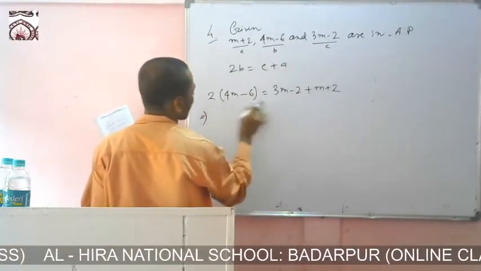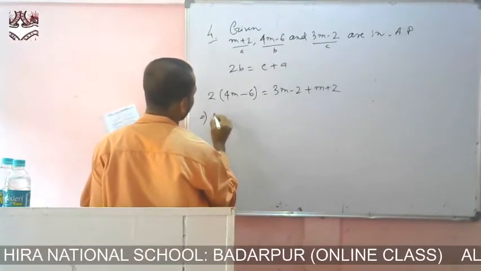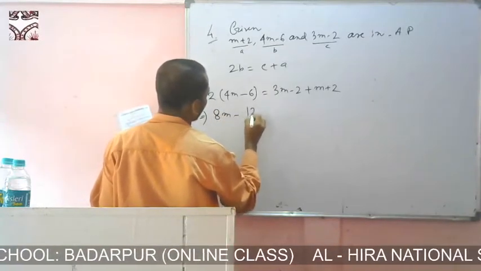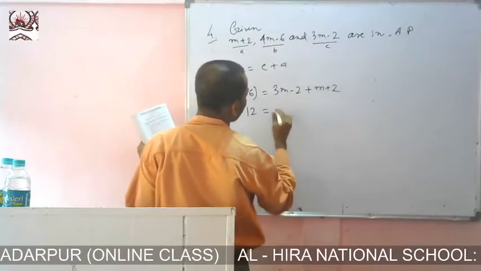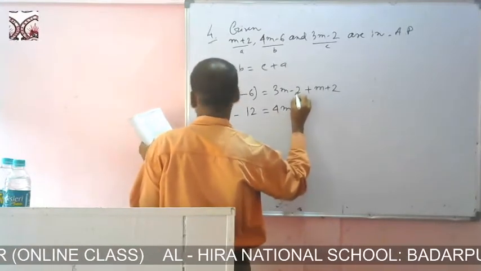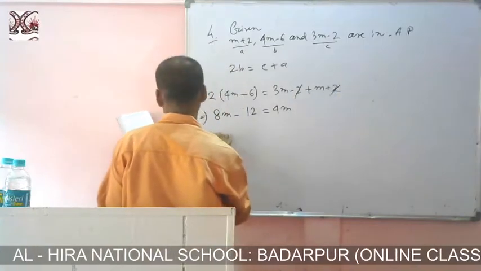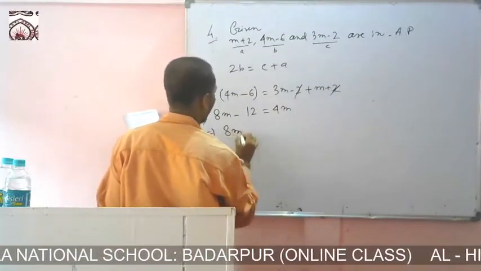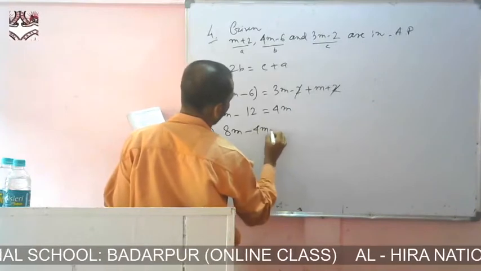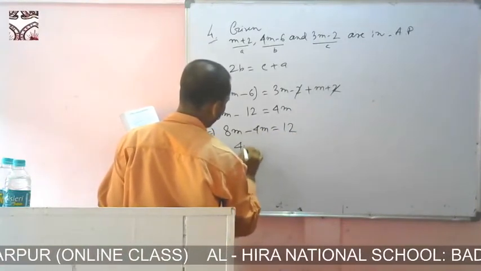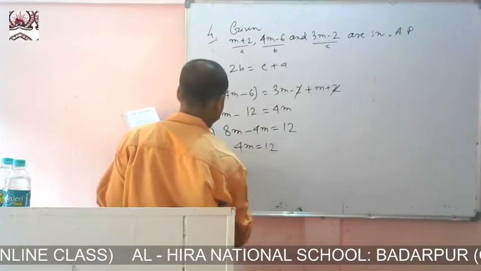This is nothing but simple calculation. 8m minus 12 is equal to thrice m plus m, which is 4m, and minus 2 plus 2 cancel. So 8m minus 4m will be 12, so 4m is equal to 12.